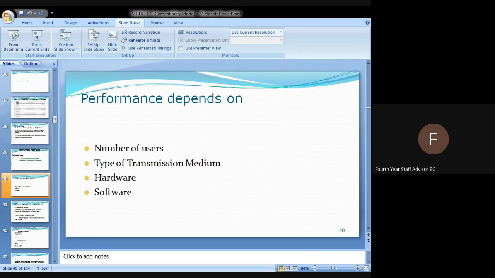Is it clear for you? Can anybody answer the four terms? Yes. Okay. So the total number of users, the type of transmission medium you are using, the type of hardware, and also the efficiency of software, right?